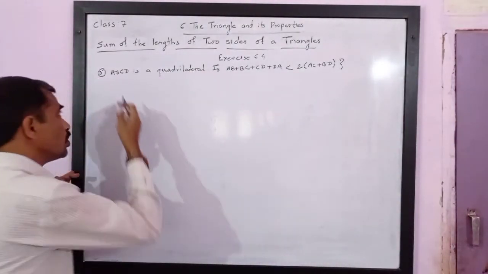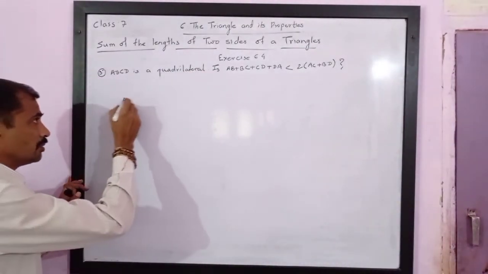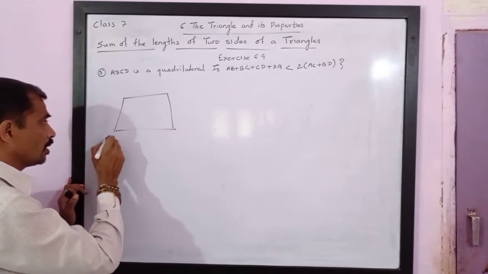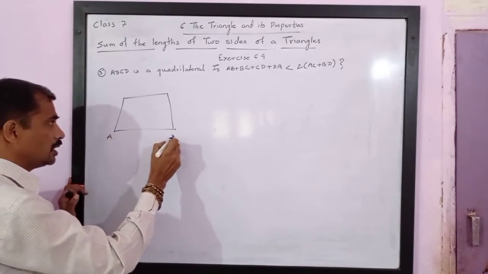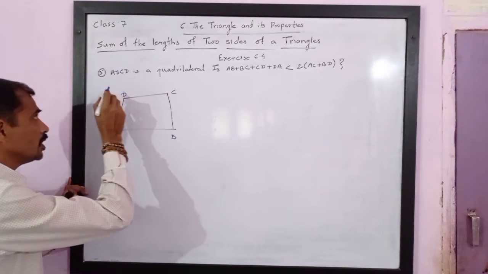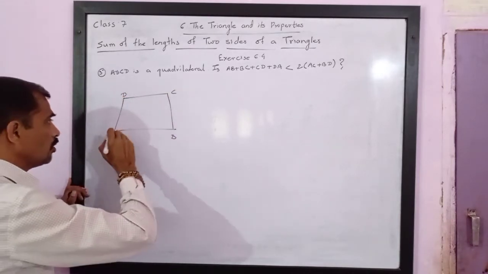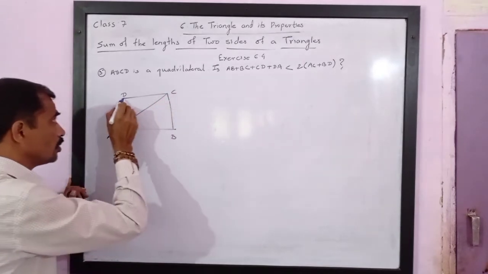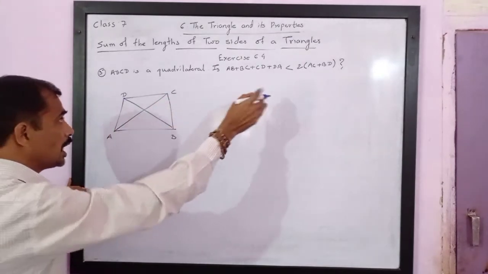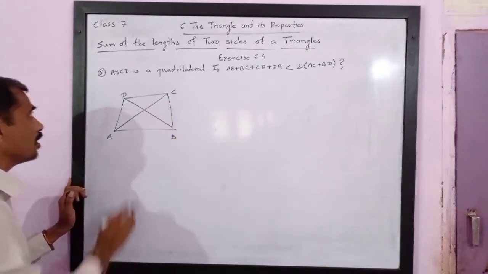Now see, we are given a quadrilateral ABCD. We need diagonals to prove this, because AC and BD are the diagonals.